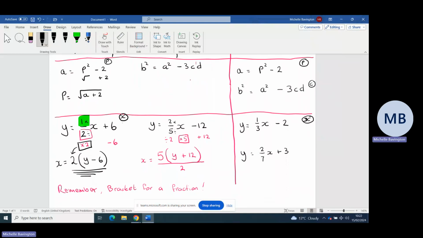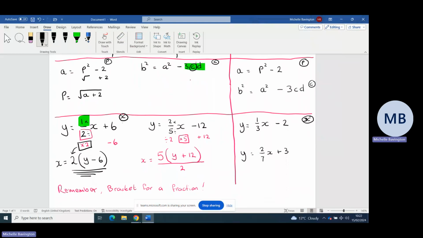Right, so what we're making the subject, we're making c the subject. So there's c. Yeah, you with me? I'm just looking at something actually. Okay, so I'm thinking there.